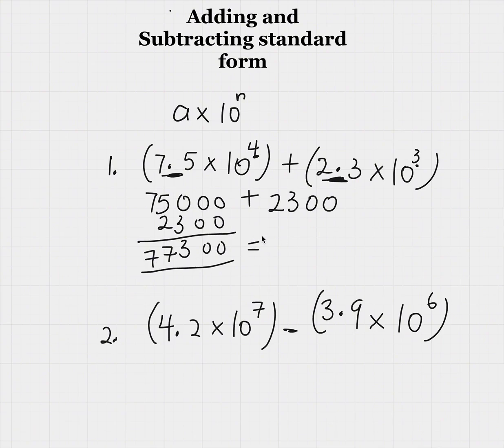So adding these two numbers, you end up getting 77,300. And then once you have that, you should be able to convert that back into standard form. This is a whole number, so it means the decimal point is at the end of the number. Remember, we can't write this as 77. A would have to be between 1 and 10, so we have to move the decimal point between 7 and 7.